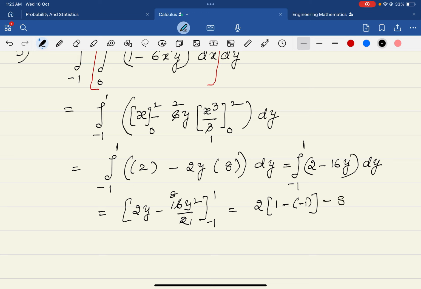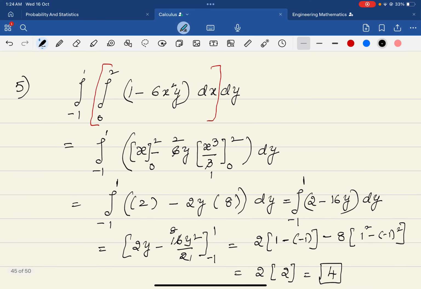And minus 8 times y square, that is 1 square minus minus 1 the whole square. So the value gives you 2 times (1 plus 1), which is 2, and this is 1 minus 1, which is 0. Therefore the value of the double integral is 4. I hope it is clear to all of you.